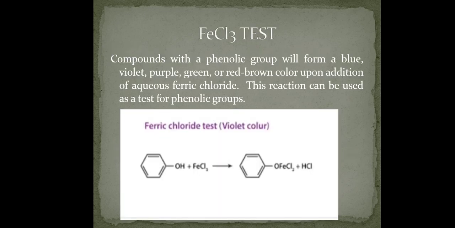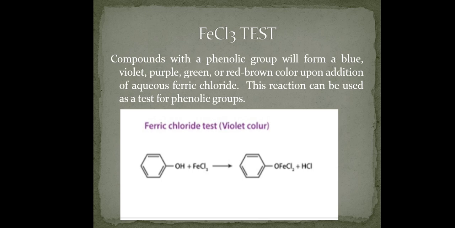Ferric chloride test. Compound with a phenolic group will form a blue-violet, purple, green or red-brown coloration upon addition of ferric chloride. So if a compound contains phenolic group, or if the compound is itself phenol, then upon addition of ferric chloride, it will always turn the solution to one of these colors.